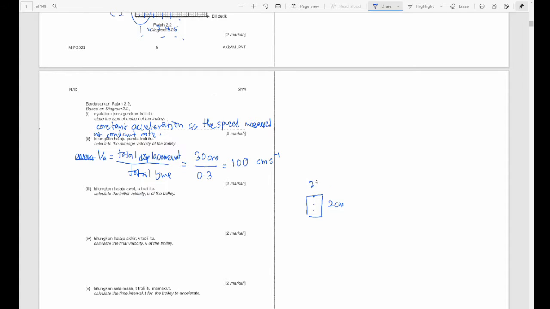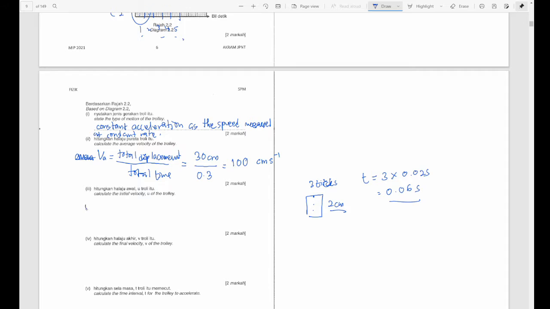3 ticks in one strip. So that means the time for each strip equals 3 times the time between 2 ticks. It is 0.02 second. So we have 0.06 second. We have the displacement and the time taken.